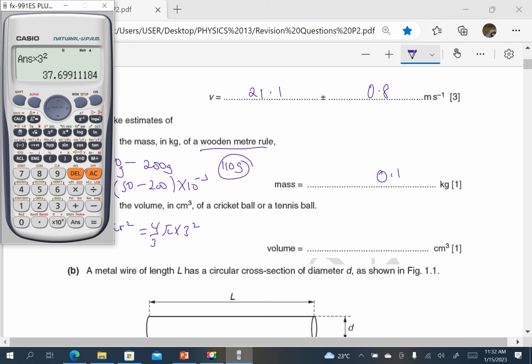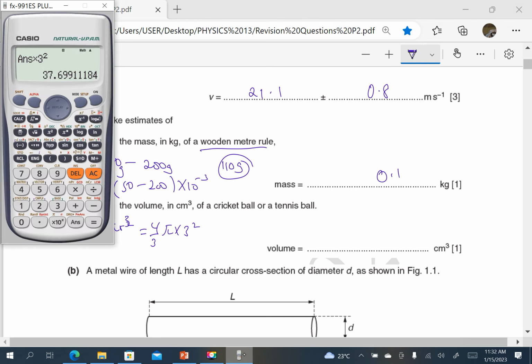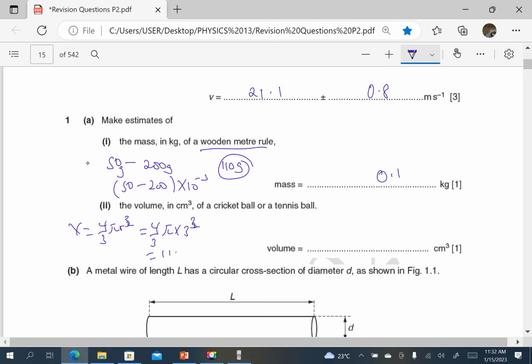That is around 37, but no, this is cubed, not squared. Volume is cubed. So I'll multiply this answer again times 3, and that is approximately 111 or 110. So this is approximately 110.